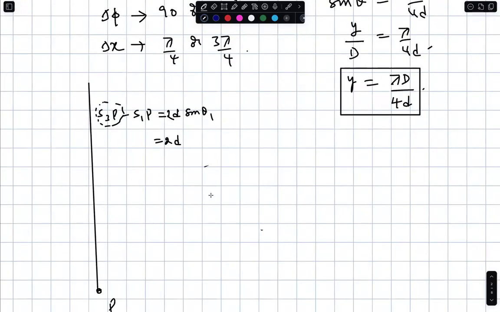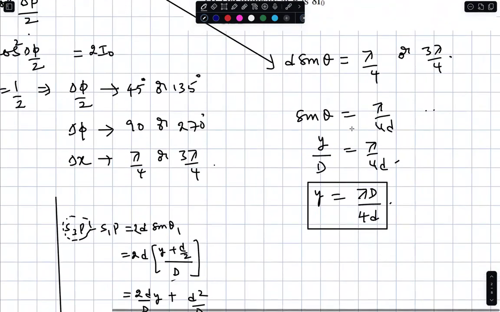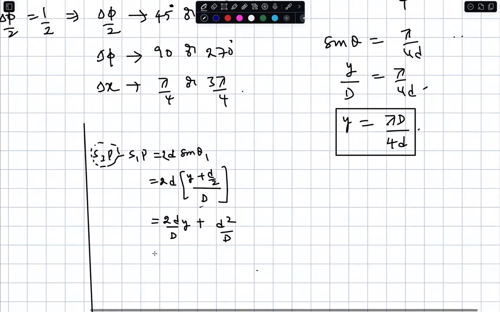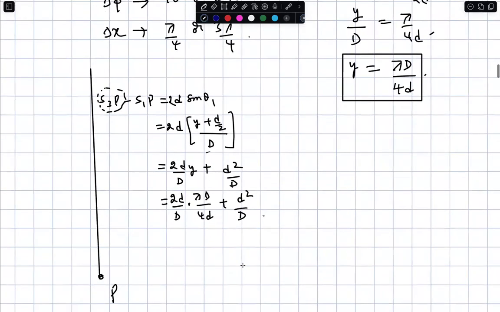As a result, what you will have is y plus d by 2 by capital D. This you will write as 2d by capital D times y plus d square by capital D. Substituting y, it is 2d by capital D times lambda capital D by 4d plus d square by capital D. Small d cancels, capital D cancels.